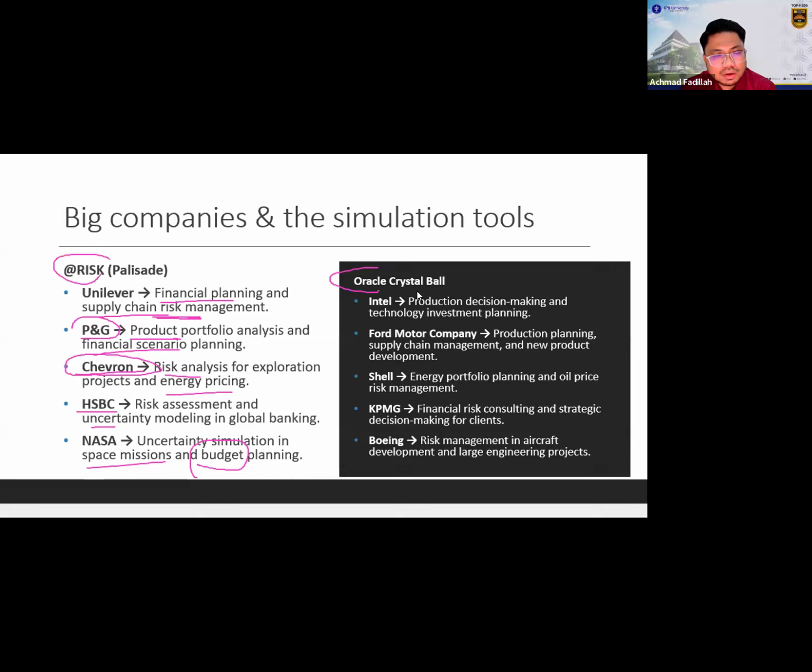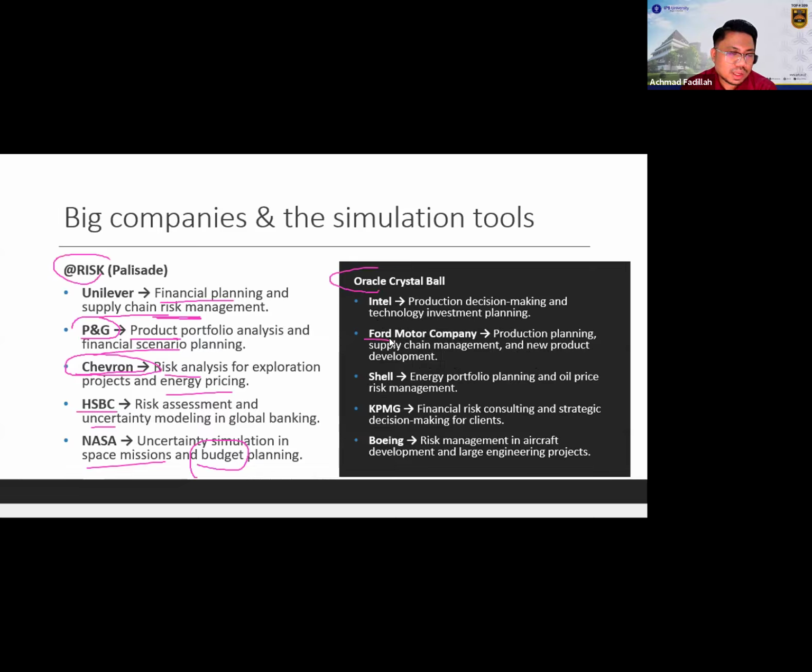And about Oracle, this is used by Intel for production decision making and technology investment planning. Ford Motor, an automotive company, uses it for production planning, supply chain management, and new product development even.